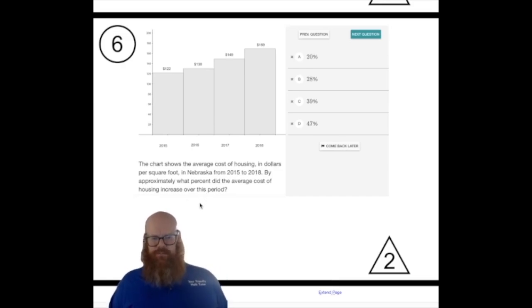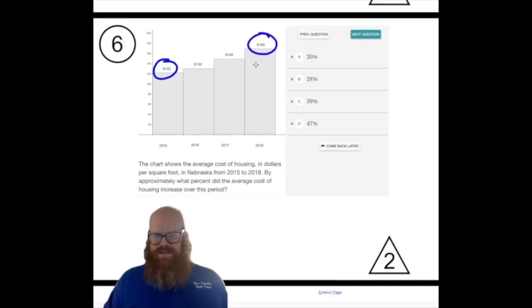All right, so basically it just went from 122 to 169 because it wants the percent that it increased over the whole period. So it doesn't want an average per year, just again, reading it closely to confirm that.